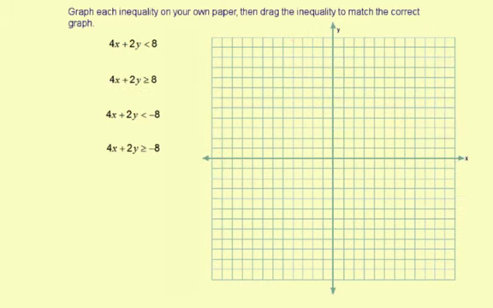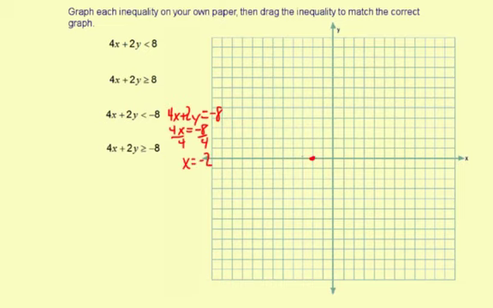Okay, the next inequality is 4x plus 2y is less than negative 8. So we're going to graph 4x plus 2y equals negative 8, and we're going to use a dashed line because there's no equal to. So let's find the x-intercept first. 4x equals negative 8, divided by 4, so x equals negative 2.